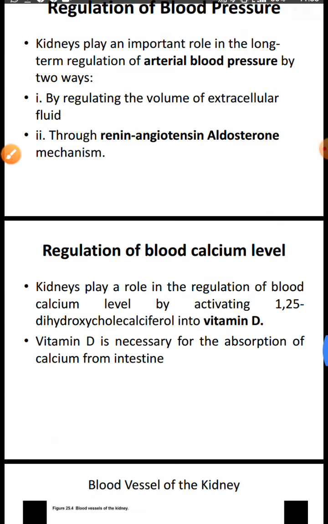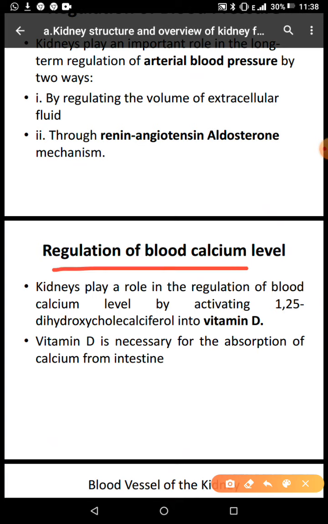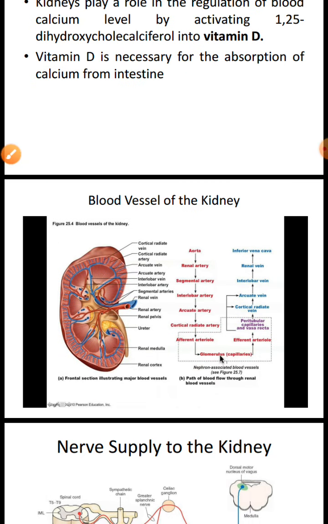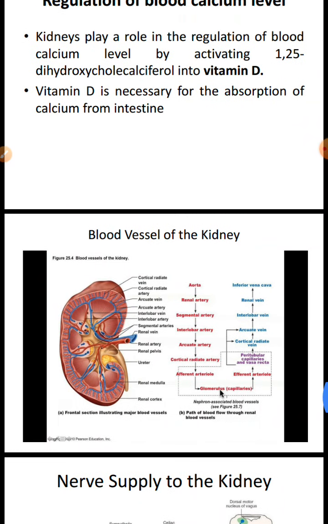Apart from that, the kidneys are also involved in regulation of blood calcium levels. The kidneys play a role in regulation of blood calcium levels by activating 1,25 dihydrocholecalciferol into vitamin D. And then vitamin D is necessary for absorption of calcium from the intestine. So these are the functions of the kidneys.